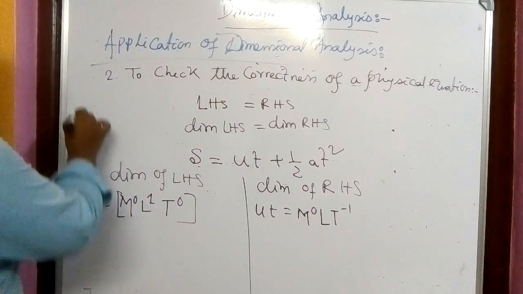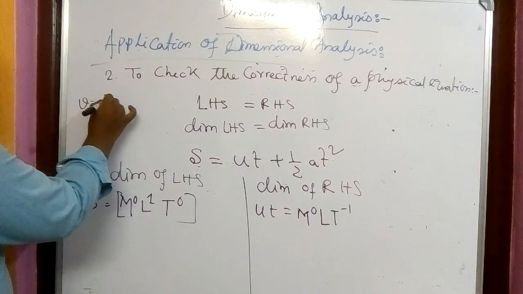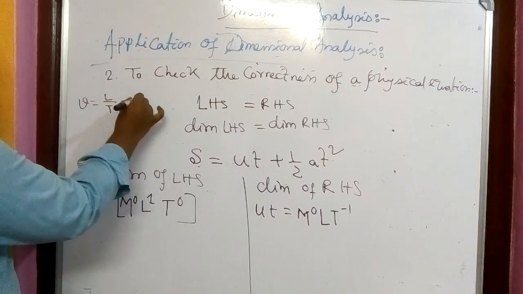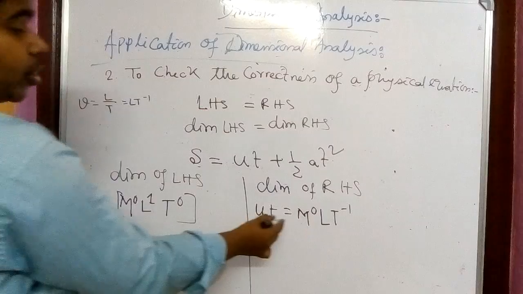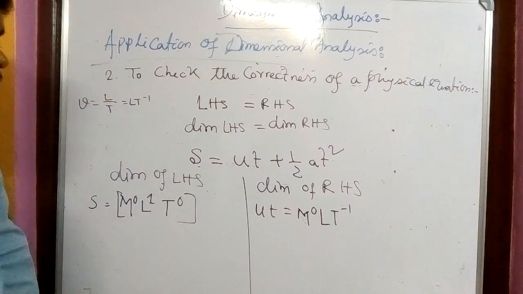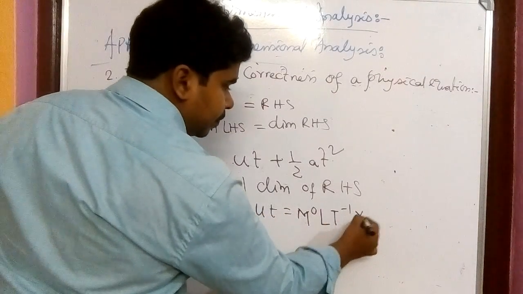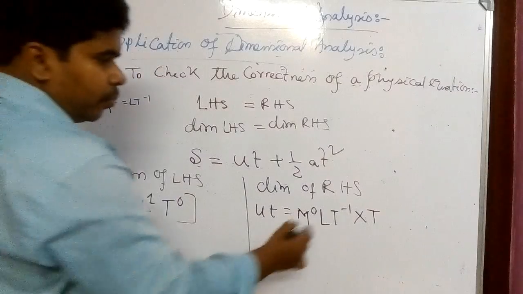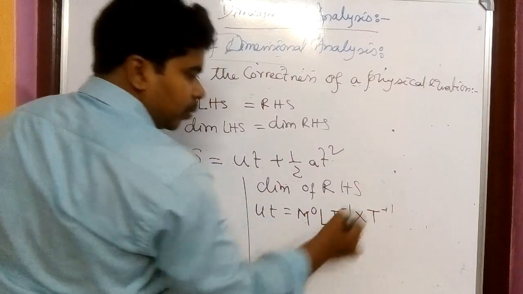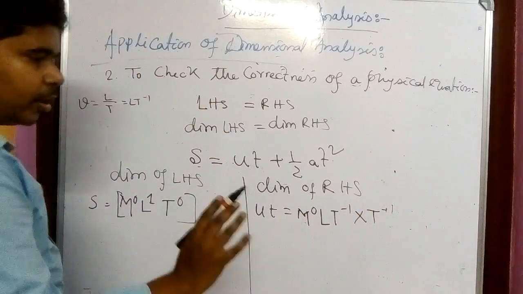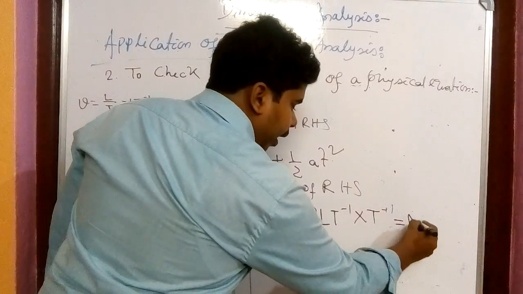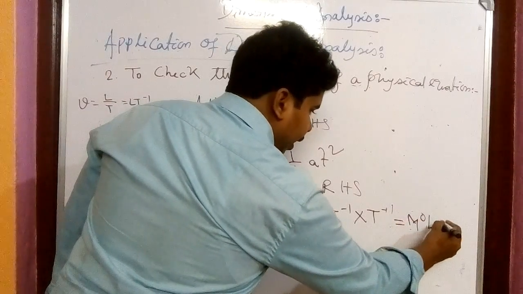Because velocity v equals L by t, that is LT inverse, and here we have to mention the mass also, that is M to the power 0 into time, minus 1, this is plus 1, minus plus 0, so it is M to the power 0 L T to the power 0.